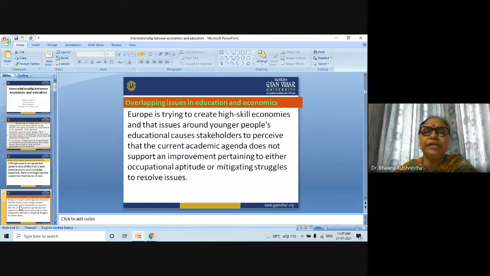Europe is trying to create high skill economies, and issues around younger people's education cause stakeholders to perceive that the current academic agenda does not support an improvement pertaining to either occupational aptitude or mitigating struggles to resolve issues.